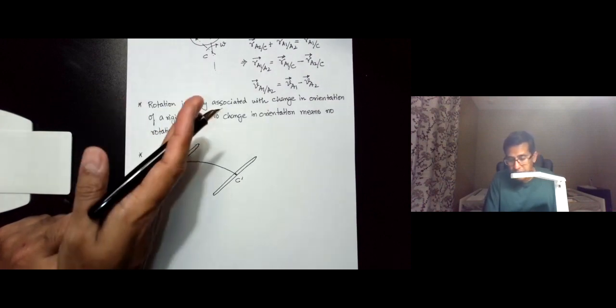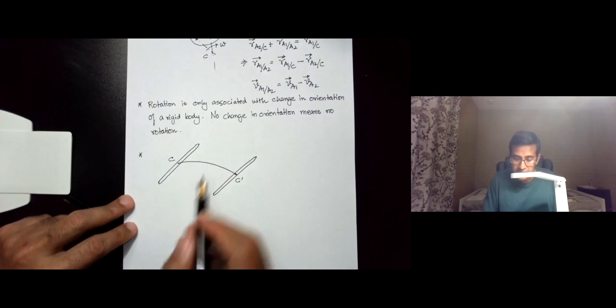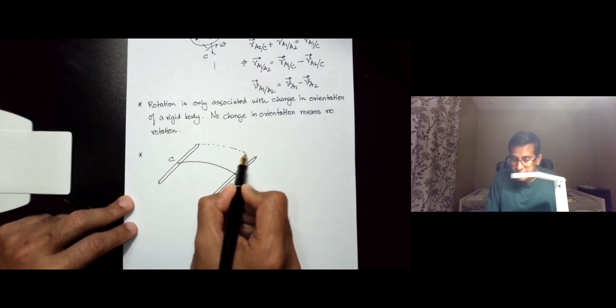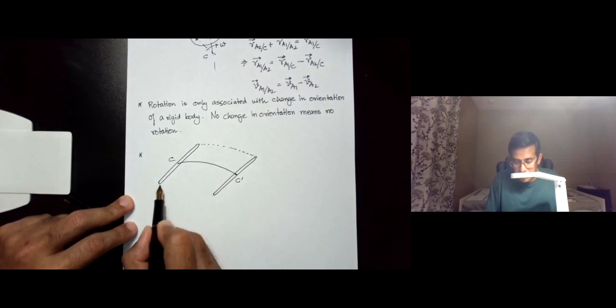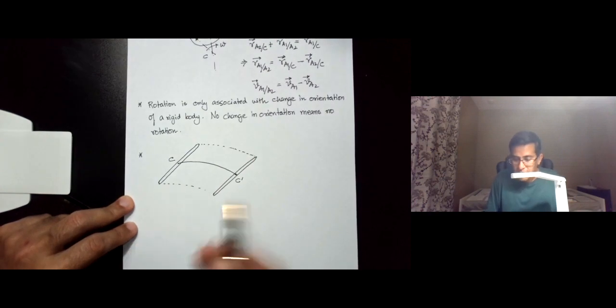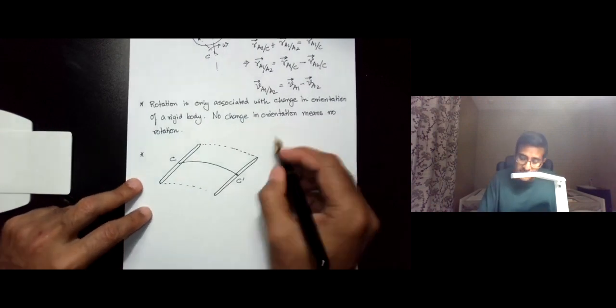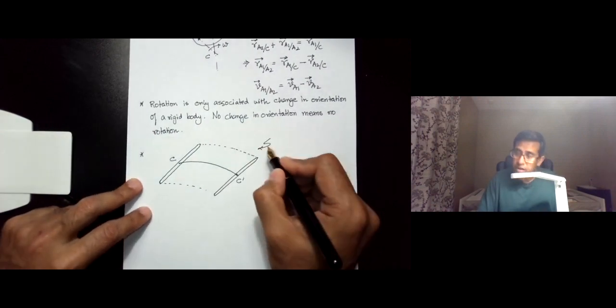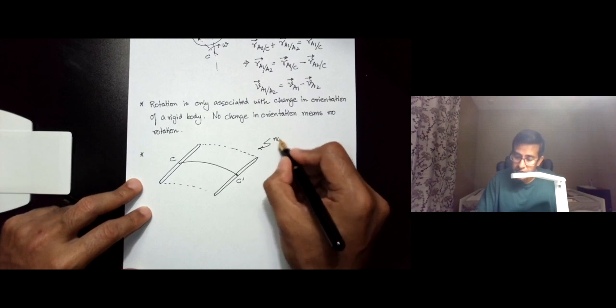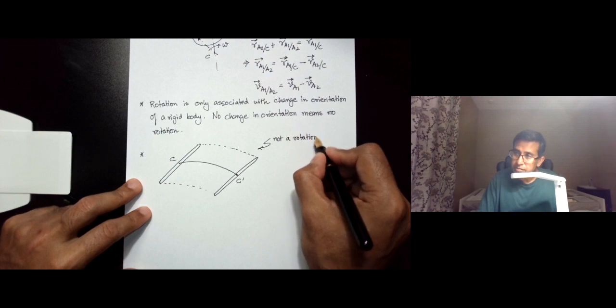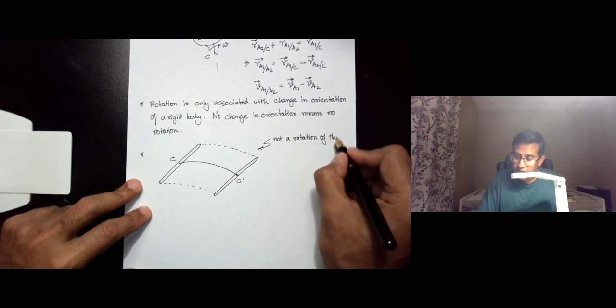So with reference to that, the orientation has not changed. So essentially the point at this end has moved, and the whole orientation of this bar has not changed. So this type of motion is not a rotational motion. So this is not a rotation of the rigid body.